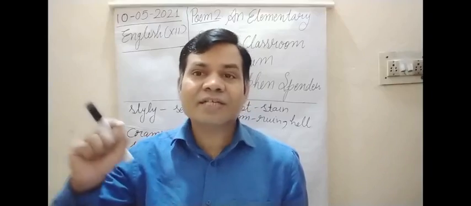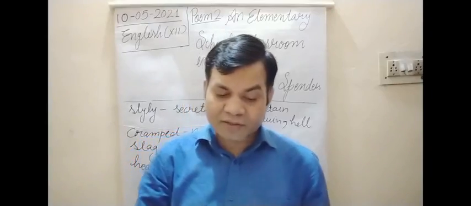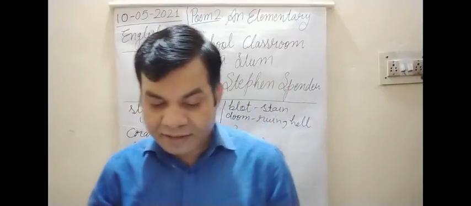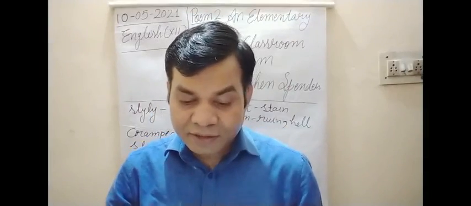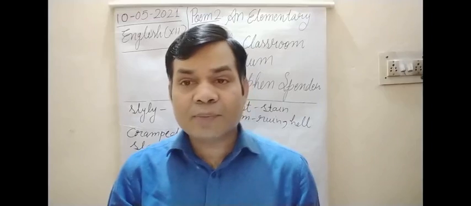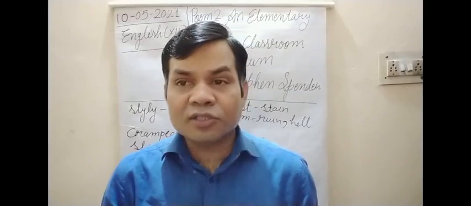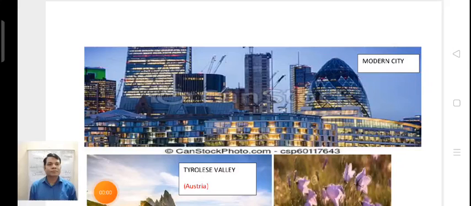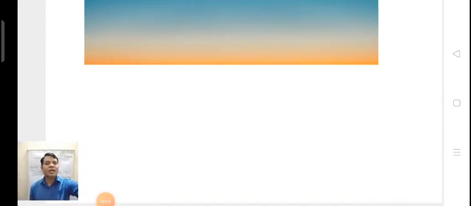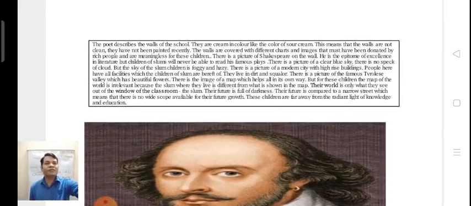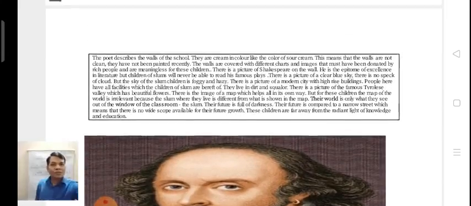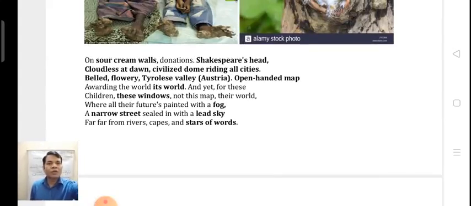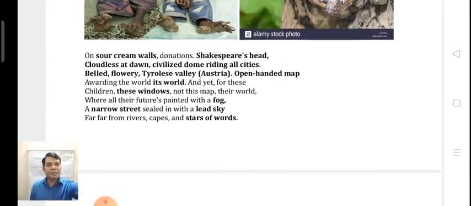stain on that map. Okay, so let us once again try to understand and revise this stanza with the help of the PPT. I'll also show you some pictures. So this is the modern city. As you can see, earlier we saw the picture of the slum area.